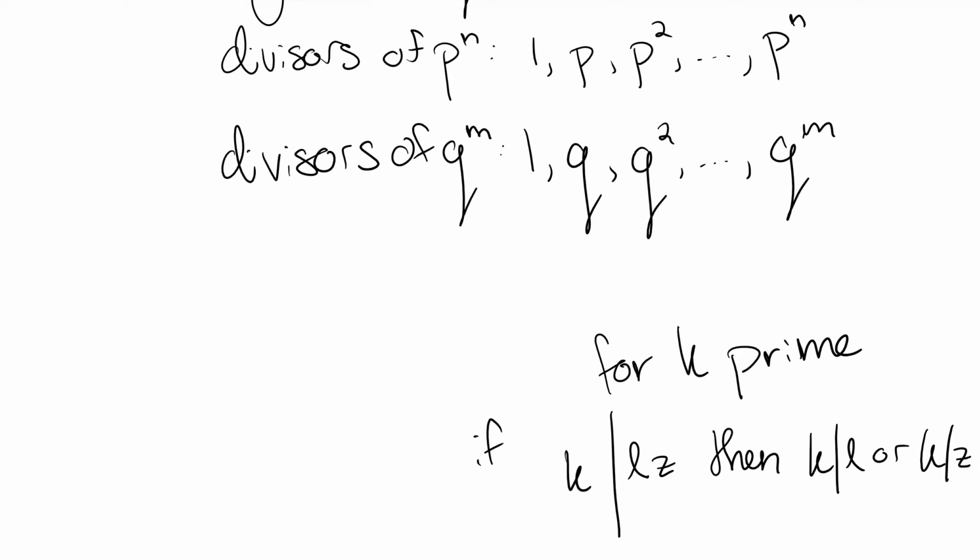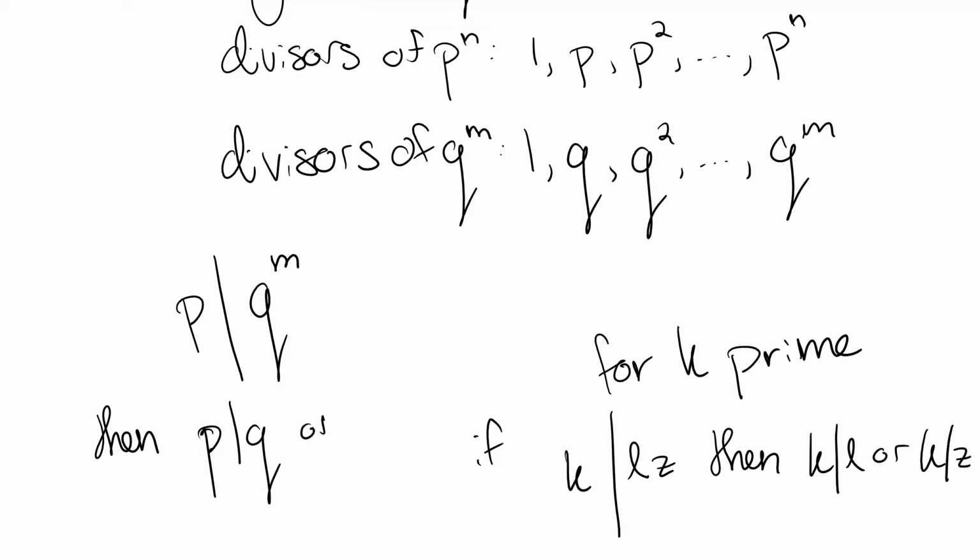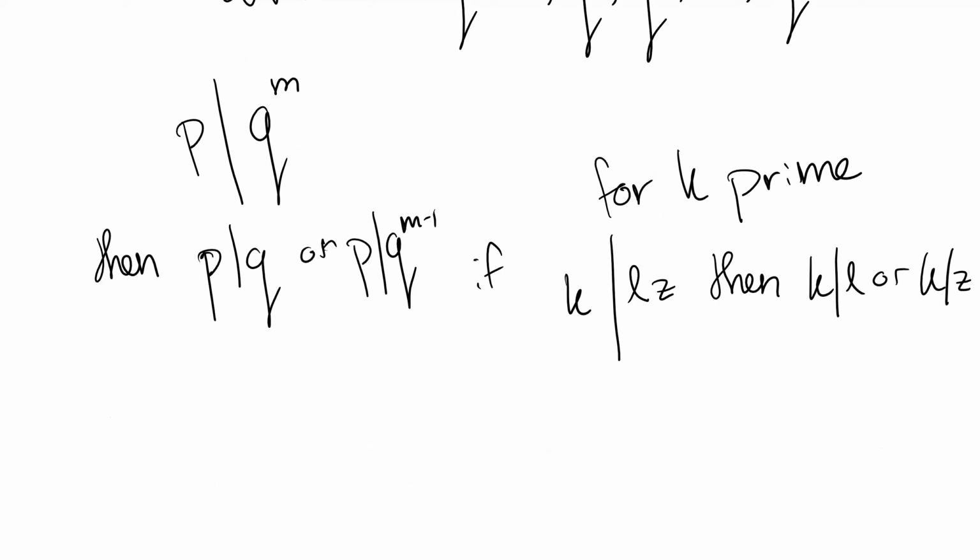So this is something very specific about dividing by a prime number. For example, if we were to claim that P does divide Q to the M, maybe, who knows, then P divides Q or P divides Q to the M minus 1. Well, maybe you say, okay, well, Danica, maybe it's that thing.